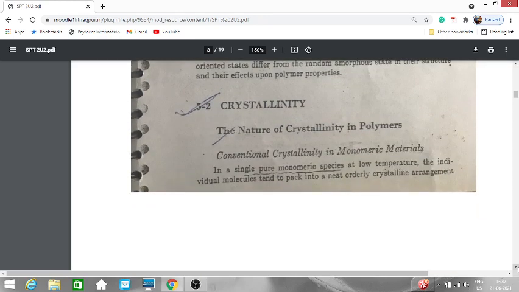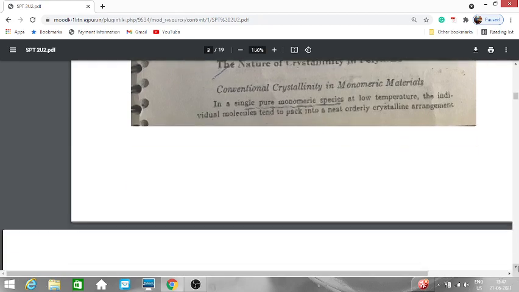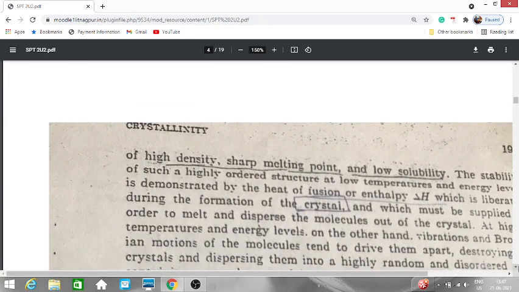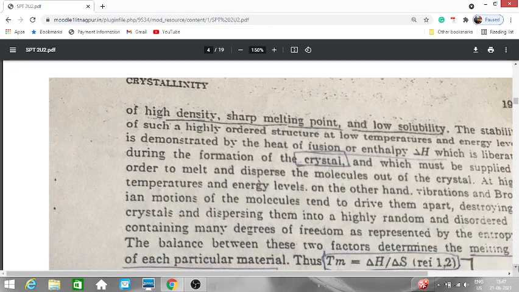Crystallinity. The nature of crystallinity in polymers, conventional crystallinity in monomeric materials. In a single pure monomeric species at low temperature, the individual molecules are packed in a neat orderly crystalline arrangement of high density, sharp melting points, and low solubility.